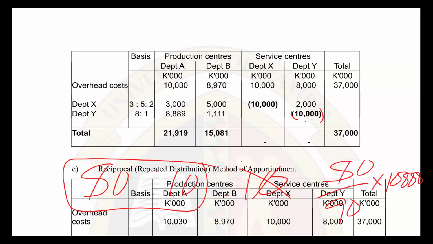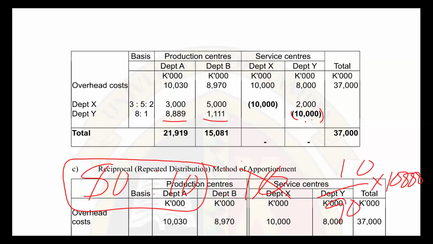You can try to do it again. 80 divided by 90 gives 8,889. And again, when you do 10% of the same, you should be able to get 1,111.